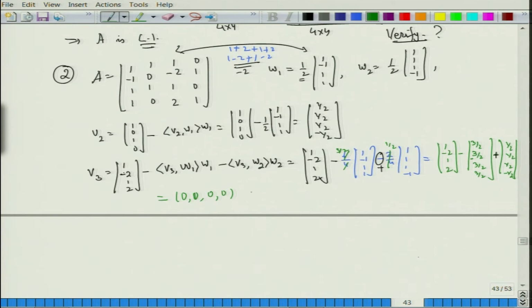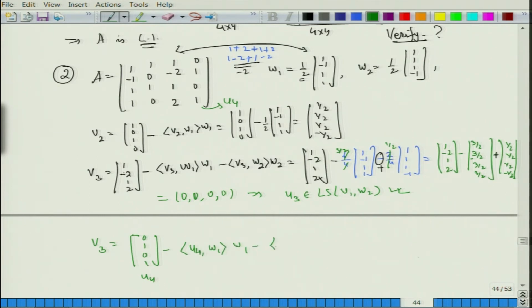So, V3 is 0 implies that U3 belongs to the linear span of W1 W2, this is what we will see also afterwards. So, I take the next vector as my V3 as 0 1 0 1 minus, so this was my U4, so I am looking at U4 here, U4 with W1 minus U4 with W2, and this gives me, my note says that this is equal to 0 1 0 1 transpose.